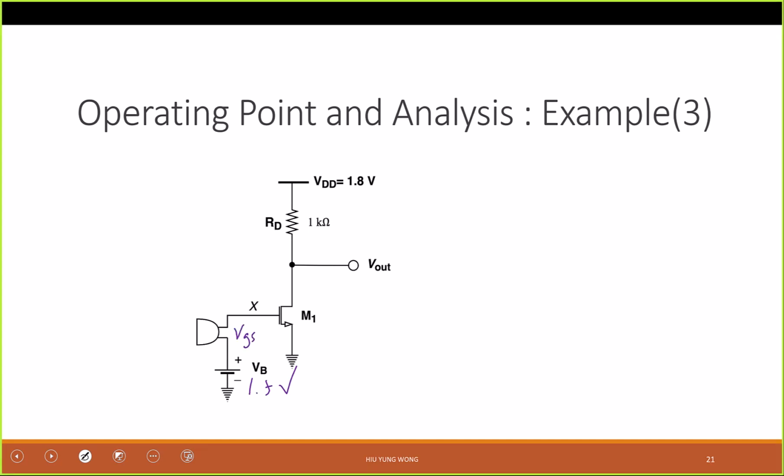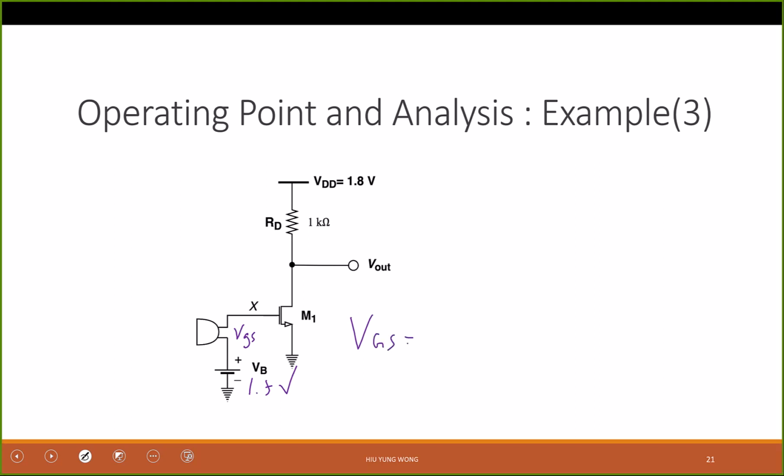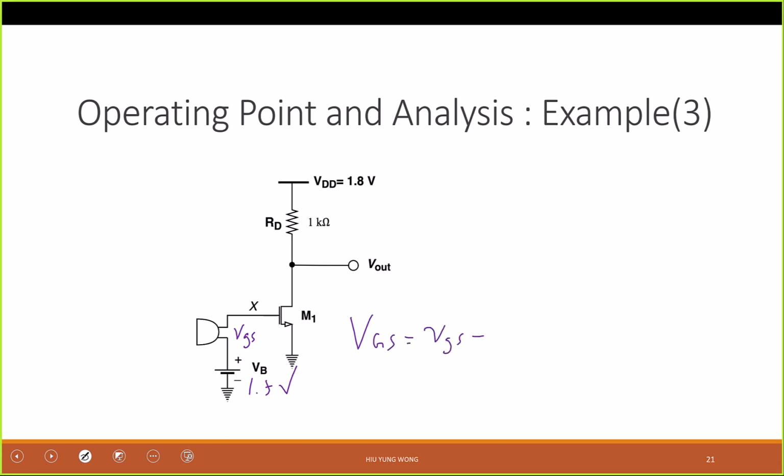So the total VGS equals VGS plus 1.5 volts. And this is the DC part. Now you can make this into a small signal and amplify it. Basically, this is what I've been saying. You DC bias it, and then you apply the small signal on top of it. And this is going to amplify this small signal. Any questions?